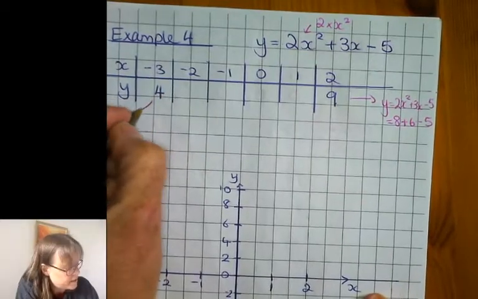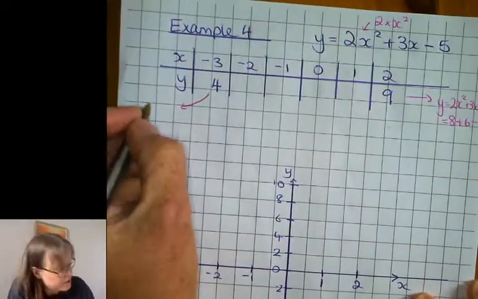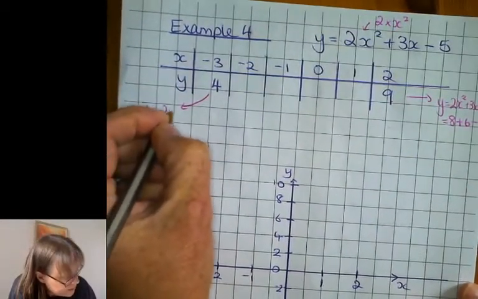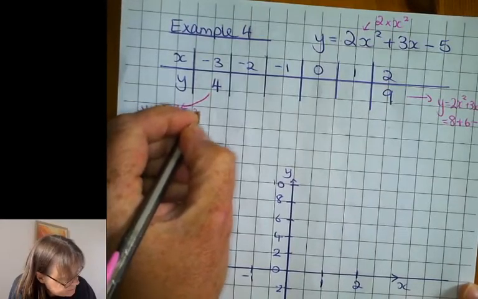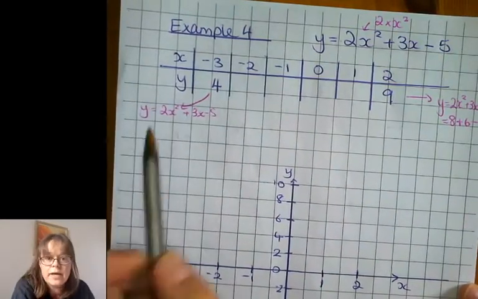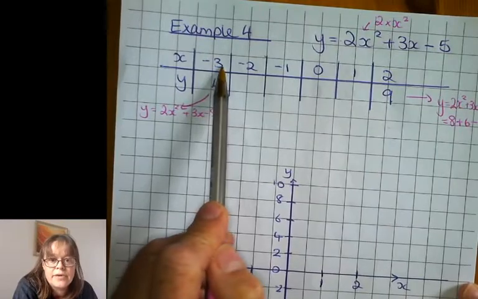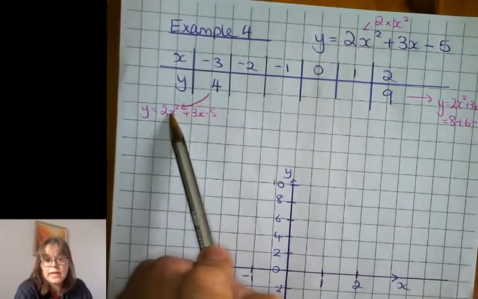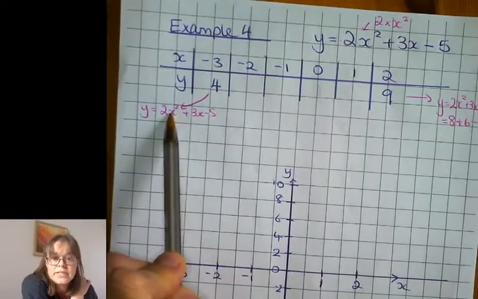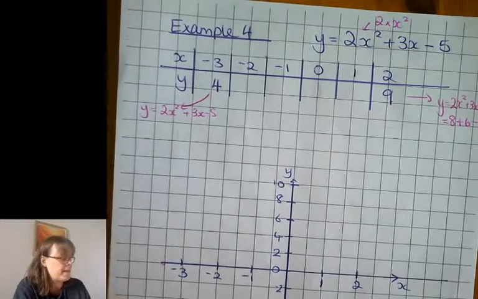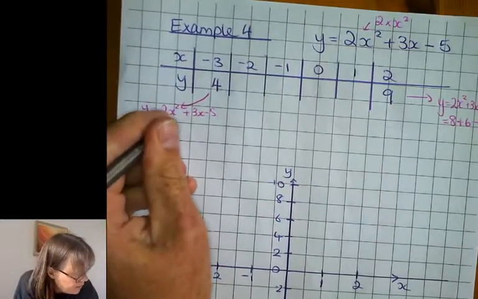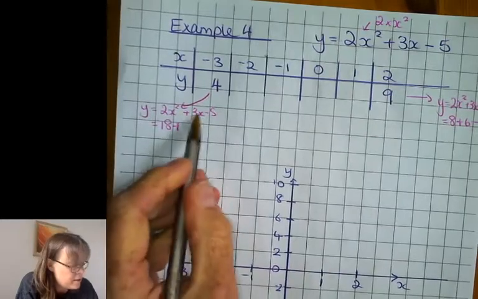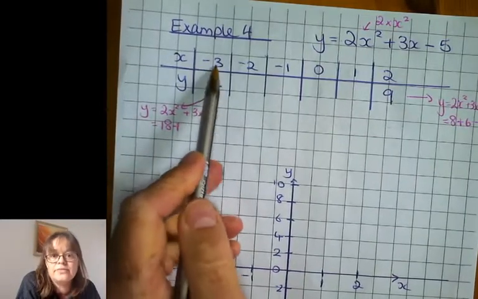And I'm going to check the negative as well, just to make sure that my negative numbers aren't going to go haywire. And let's check again. So negative 3. Remember, square it first. Negative 3 times negative 3, positive 9. And then double it, 18 I think. And then I'm going to add on 3 lots of x, 3 lots of minus 3.